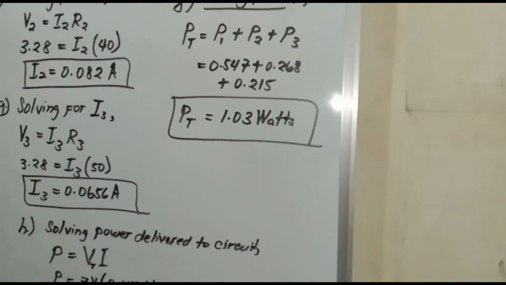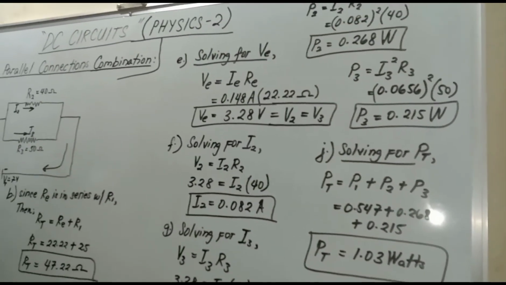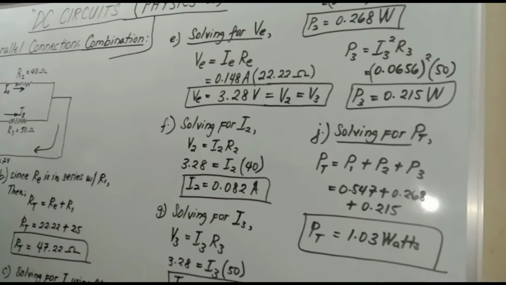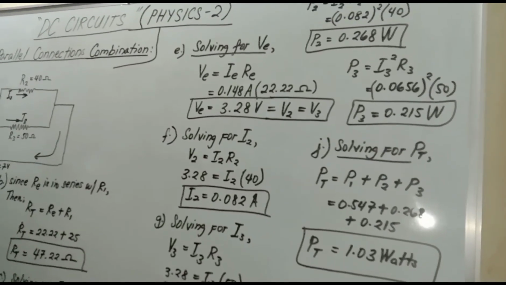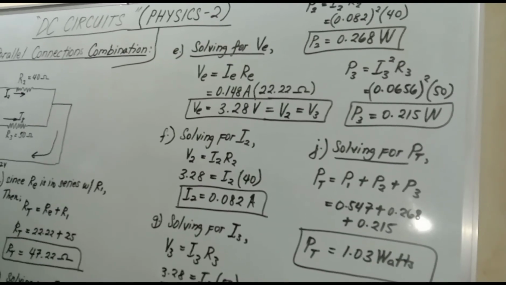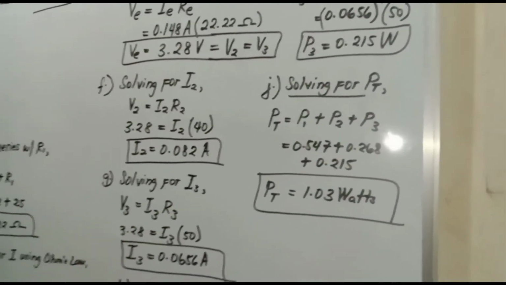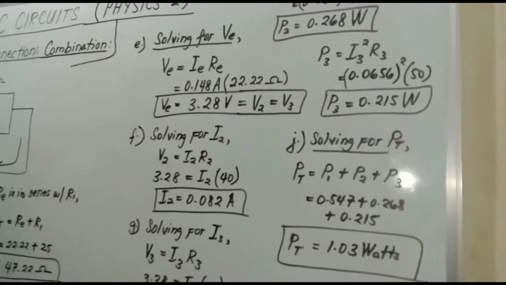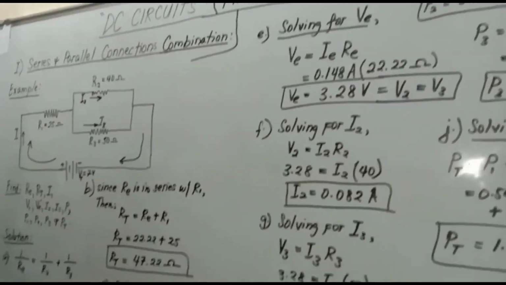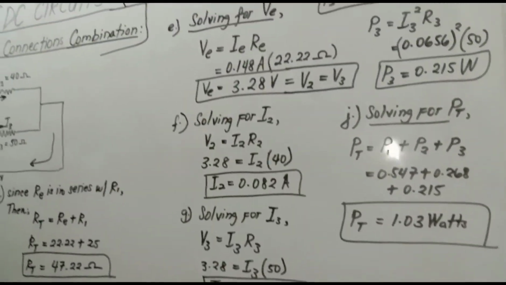So that's it, guys. I hope you understand our sample problem related to the combination of series and parallel connections of resistors under DC circuits. So we have already calculated the last requirement, total power. I hope it will be helpful to those students who are studying DC circuits.